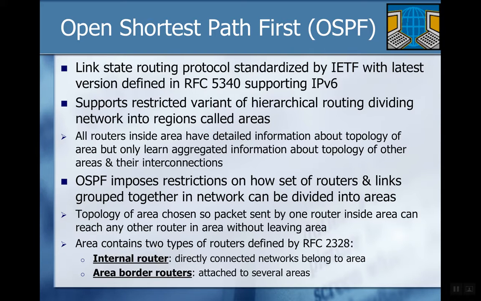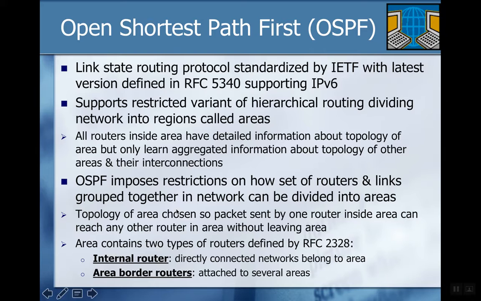It will have detailed information about its own areas and where things are located on the network. Then it exchanges information with other routers, collectively developing an understanding of what the topology of the network looks like.